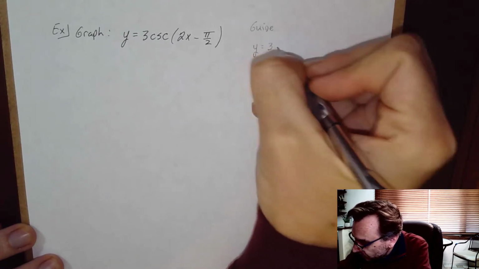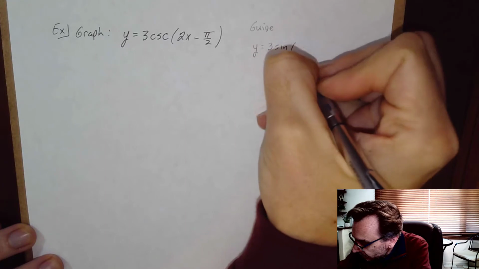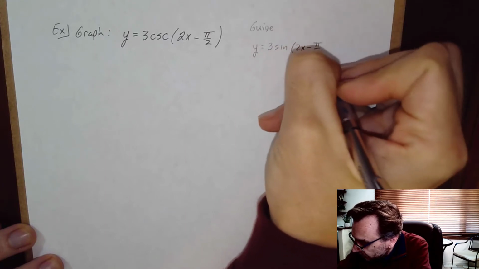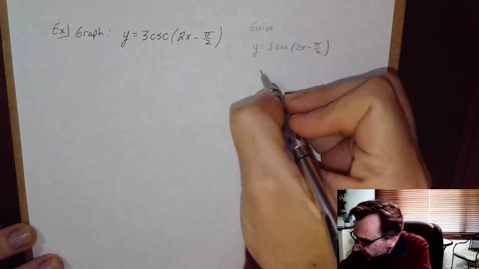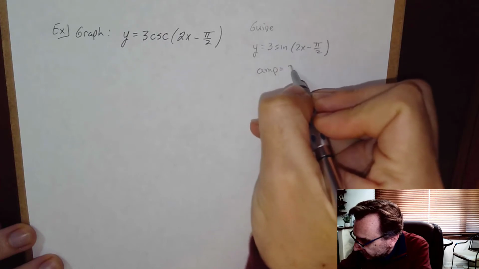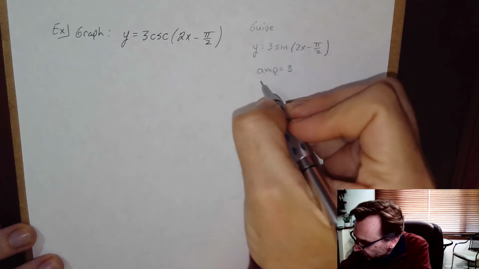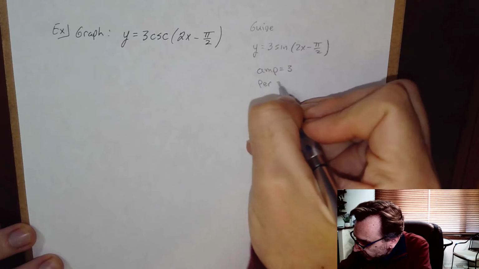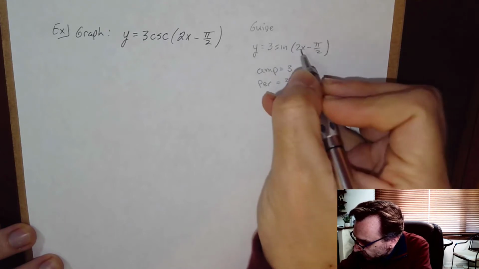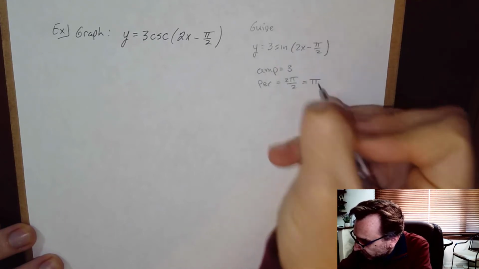So we'll choose 3 sine 2x minus pi over 2 as a guide. All right, so just by looking at this, I can see the amplitude here is 3. The period is 2 pi over omega, so 2 pi over 2, so the period here is pi.